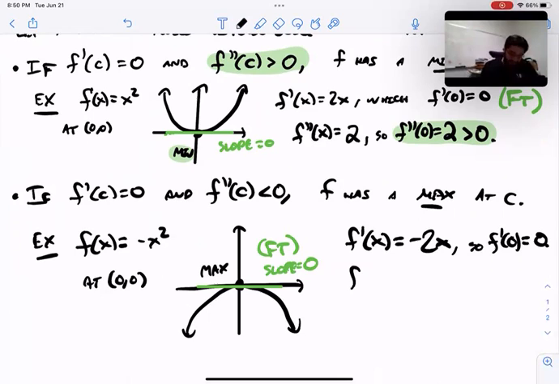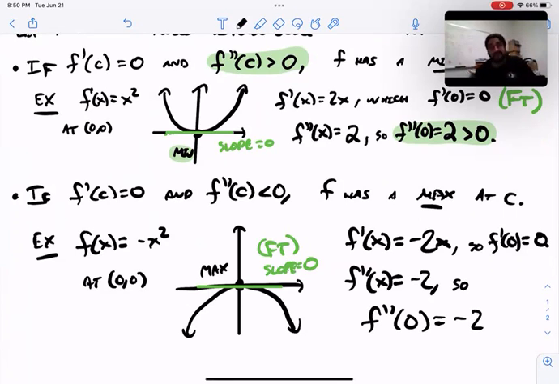Furthermore, if you do the second derivative, the derivative of negative 2x is just negative 2, which is a constant function. So f double prime of 0 is still negative 2. There's no x on the right-hand side of the formula, so it doesn't matter what x value you plug in, you always get negative 2 on the right-hand side.